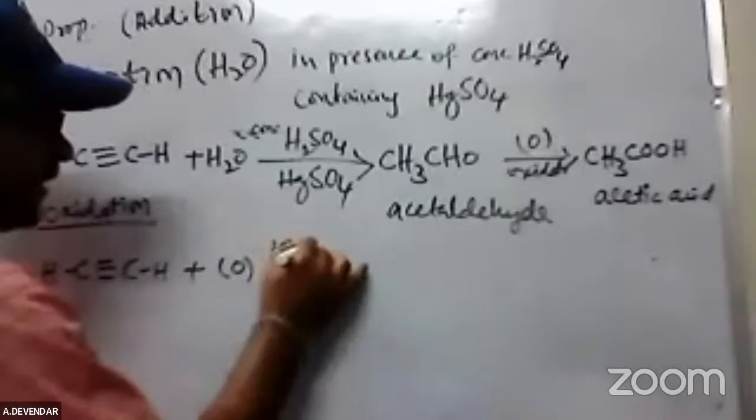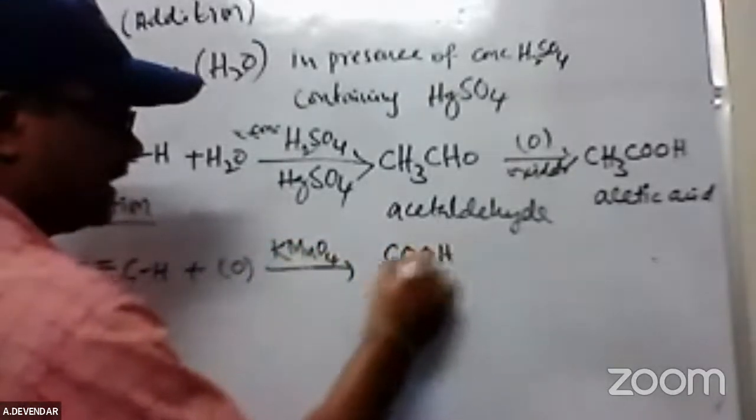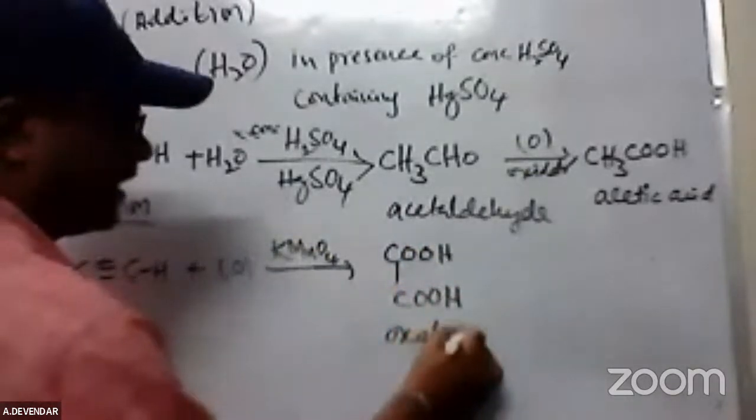Oxidation means nascent oxygen, which we get in presence of potassium permanganate. We get oxalic acid. In this one, this is the acid group, COOH is formed. This is oxalic acid.